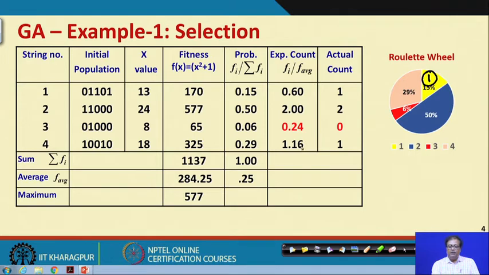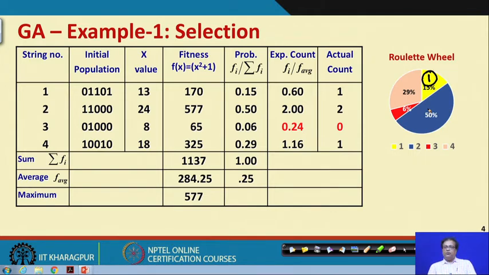Why are these expected counts? Because if I do it 4 times, suppose we want to select 4 parents, then what is the count we get for these numbers. These are the probabilities multiplied by 4, but actually what we got is 1, 2, 0 and 1. How exactly did we do this experiment?